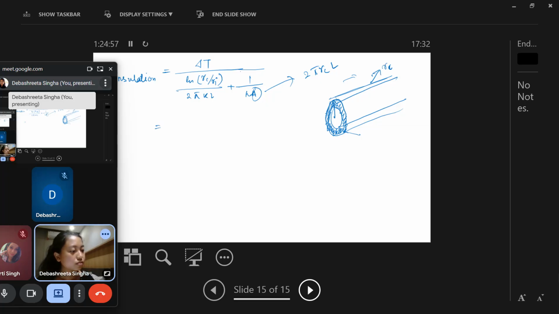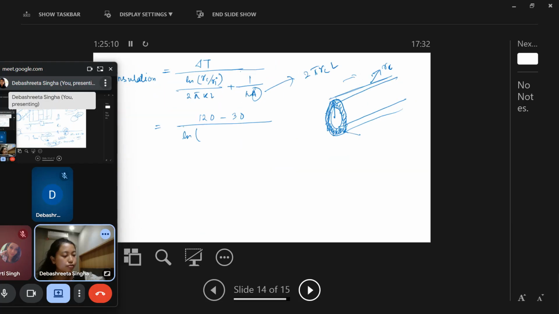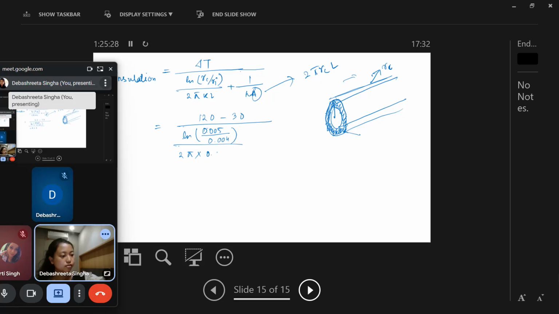Now again you have to calculate. This is 210 minus 30, ln RC, we have calculated already, 0.005, divided by RI, which is 0.004, divided by 2 pi, K is 0.6 and L is 1, plus 1 divided by H, H is 120 into pi, RC is 0.005 into 1.